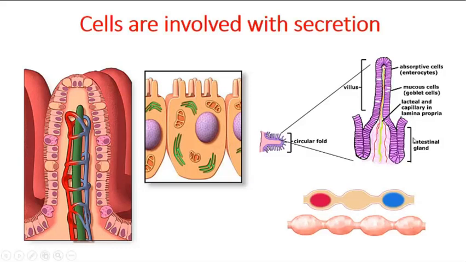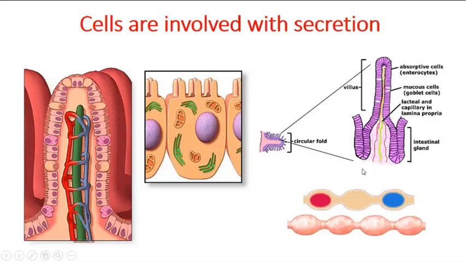Lamina propria is a connective tissue layer that contains blood as well as lymphatic vessels, which reach to the top of this projection. And there is also a smooth muscle sheet called the muscularis mucosa that is present at the base of all this structure.